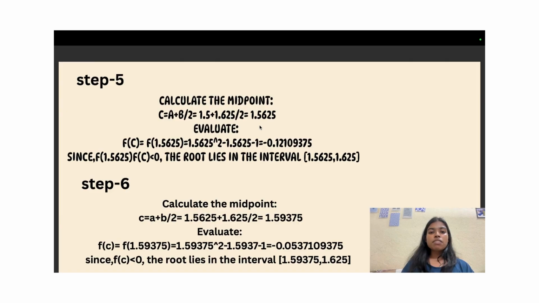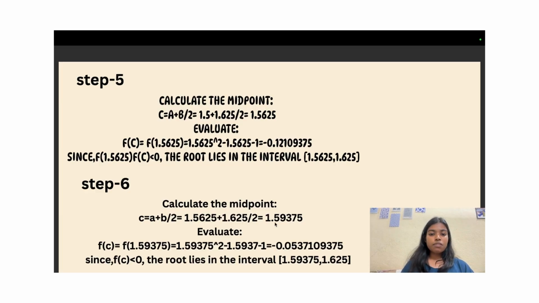The midpoint will be 1.5625. Then we evaluate f(1.5625), and we get -0.12109375. Since f(c) is less than 0, the root lies in the interval 1.5625 to 1.625. We again calculate the midpoint because the root lies in the interval.